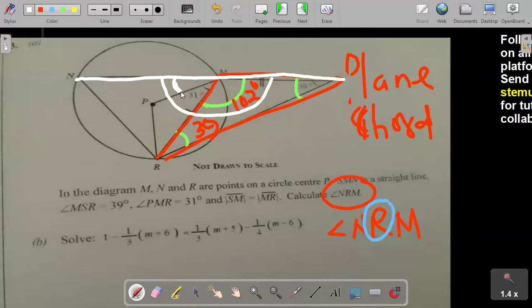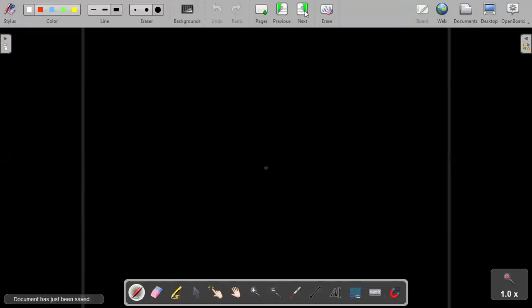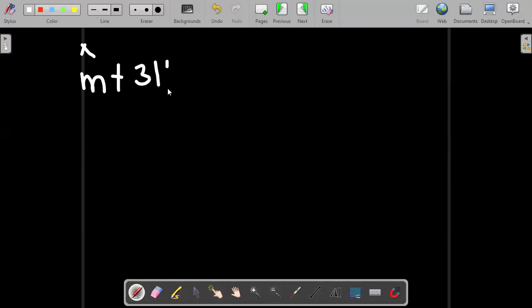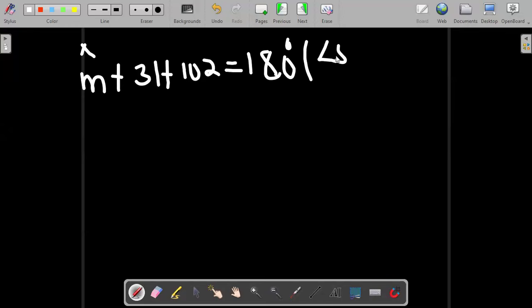So I'm going to have that angle, angle M, which I'm looking for now, plus 31 plus 102 equals 180. Reason: angles in a straight line.